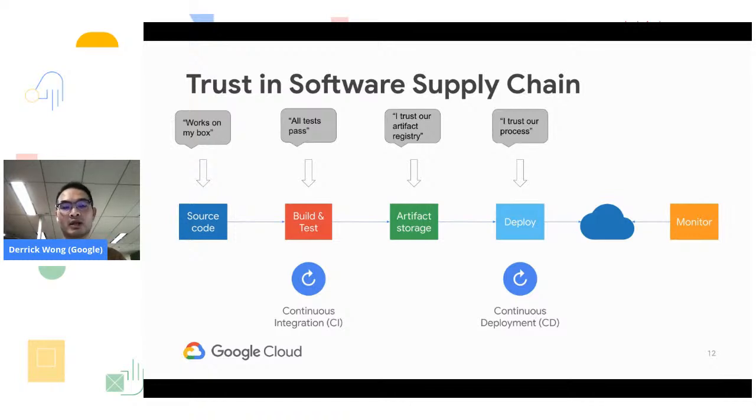I commit my source code into the Git repo. I've run all the tests already. So please deploy it to the staging environment, right? I mean, this is implicit trust, and it is not auditable. It is not verifiable.